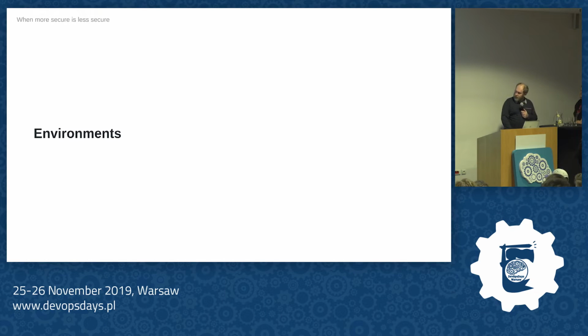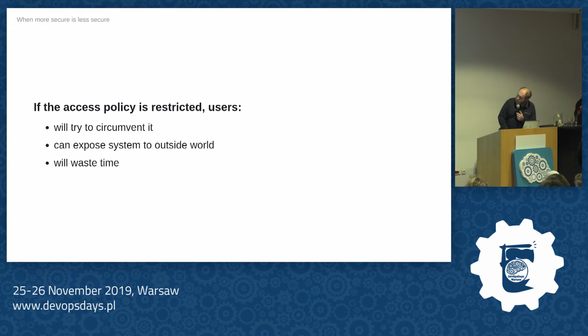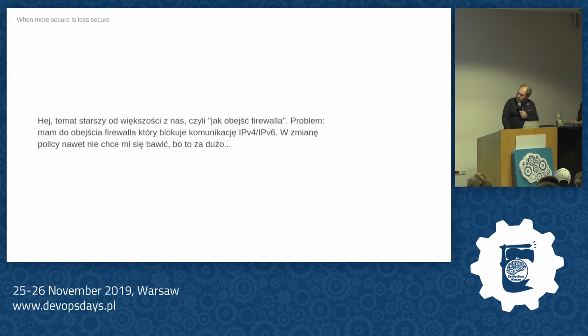But the problem is that users, and especially developers who know some things and know how to circumvent these restrictions, will try to do this. And for example, this is the next question from Facebook.